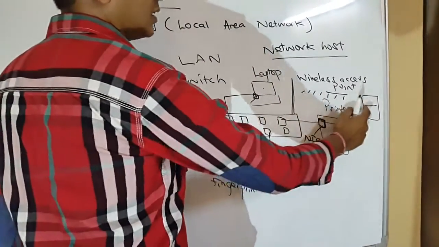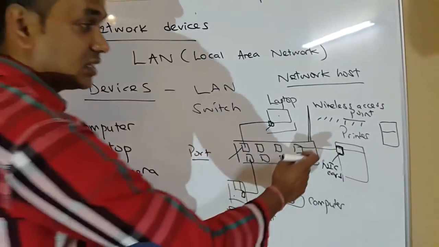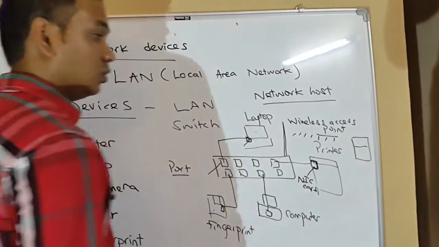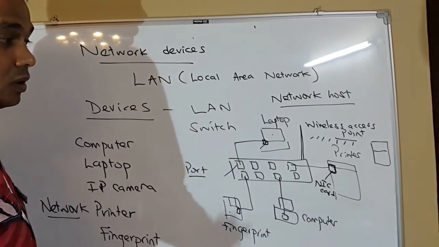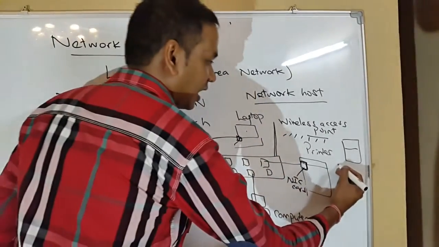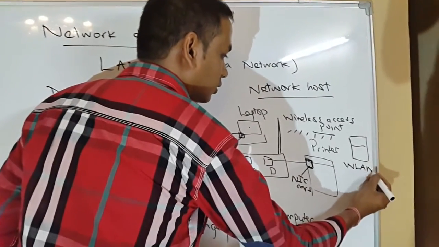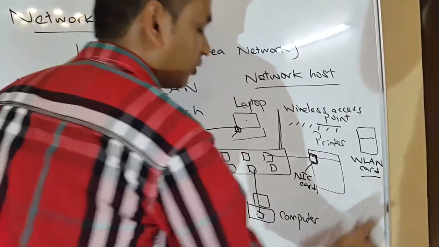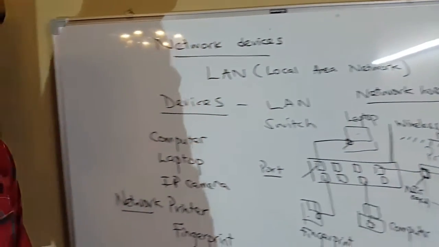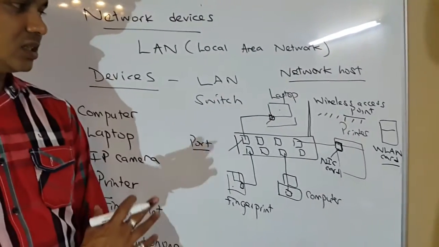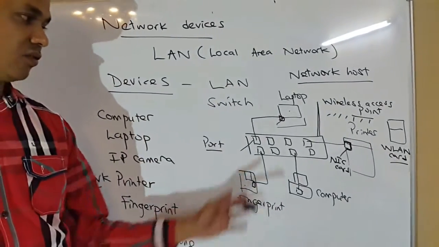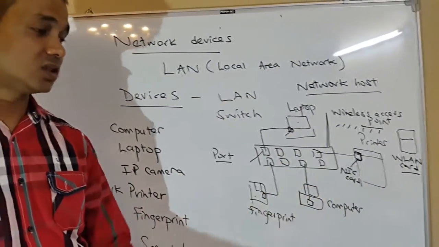Whereas the smartphone doesn't have a physical cable that goes in the smartphone, it connects wirelessly. The smartphone will have a wireless LAN card. It's that card that I have shown you in the previous video. So basically this is a very simple network where you have different types of networking devices.